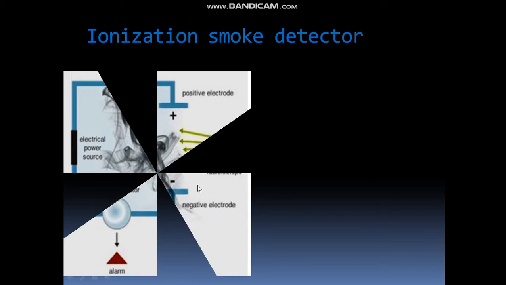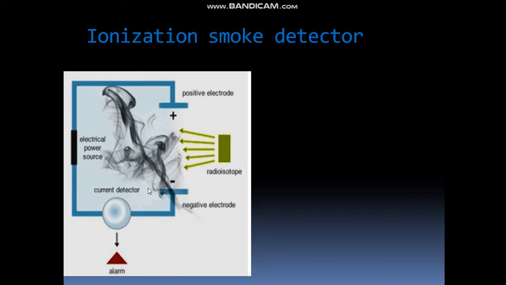So this is the diagram when the smoke is present. That means when a fire accident takes place, initially the smoke is caused. Here the smoke particles are present in this chamber. Due to the smoke particles, the ionization rate is decreased.